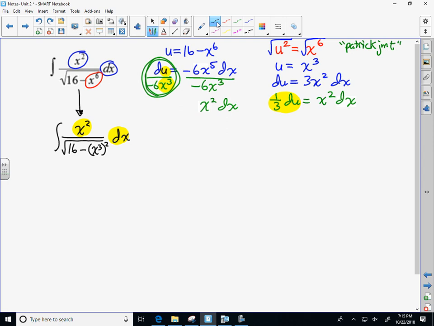Now I'm looking at 1/3 du over the square root of 16 minus u squared. All right, and I can clean that up in a sec. The sec was me taking a sip of water. So 1/3 antiderivative 1 over the square root of 16 minus u squared du. So we want to try to do something with this.